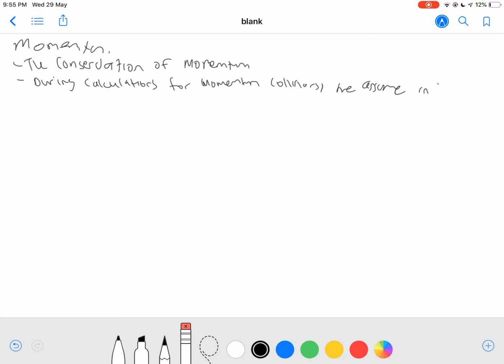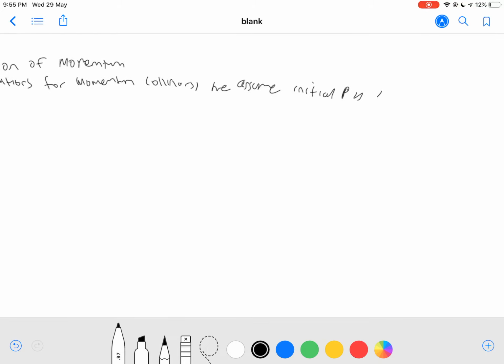So we assume initial P is equal to final P.